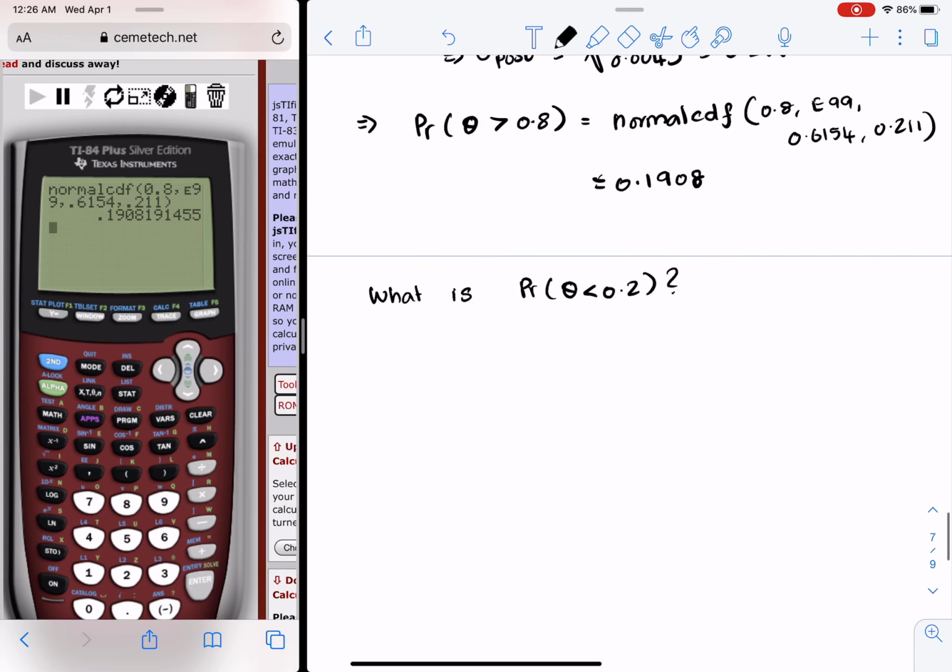So using the posterior distribution, probability of theta less than 0.2 is simply normal CDF, negative E99, 0.2, 0.6154, and 0.211.